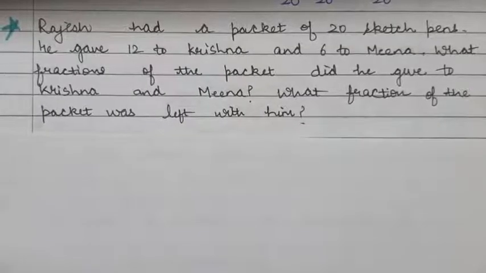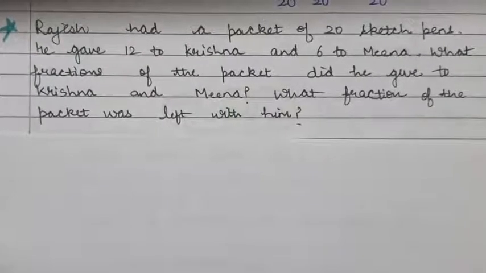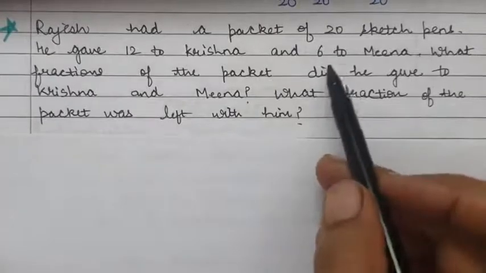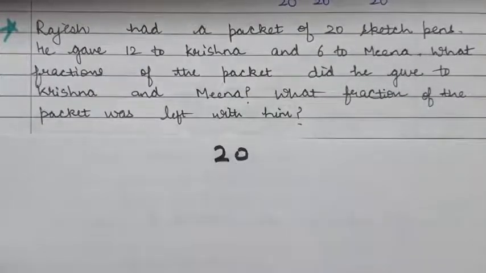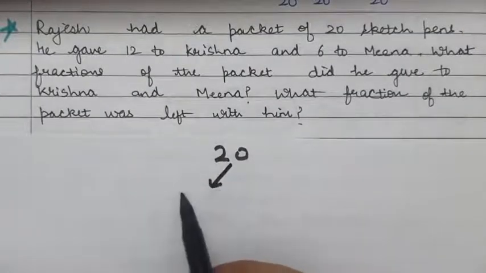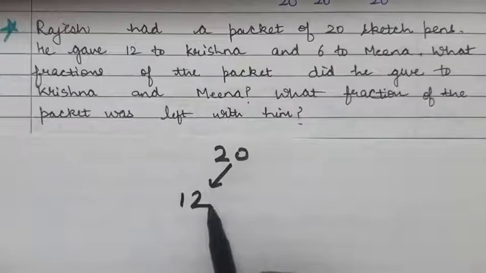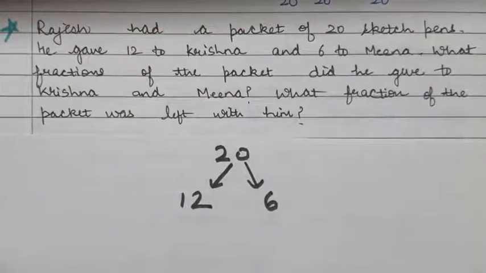Rajesh had a packet of 20 sketch pens. He gave 12 to Krishna and 6 to Meena. So 20 sketch pens are there, and out of 20 sketch pens, 12 he has given to Krishna and 6 he has given to Meena. We have to find the fractions for that.